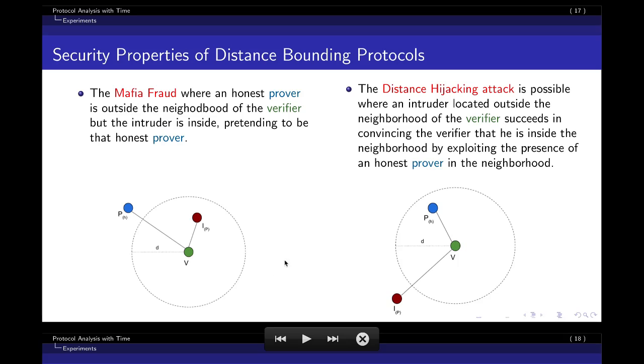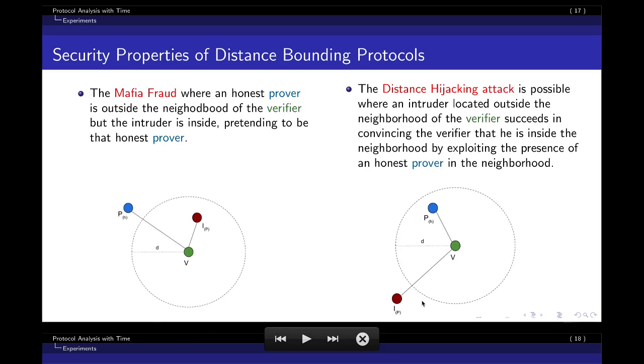The second property, distance hijacking: an attack is possible where an intruder located outside the neighborhood of the verifier succeeds in convincing the verifier that he is inside the neighborhood by exploiting the presence of the honest prover in the neighborhood.